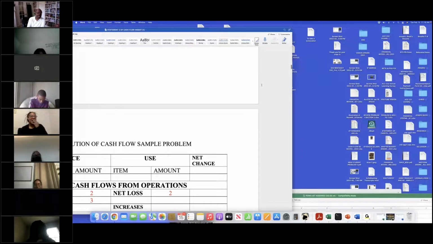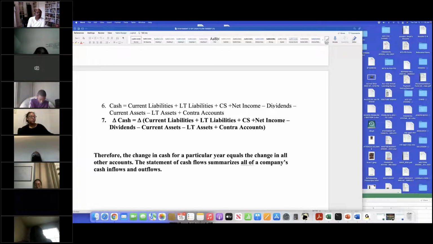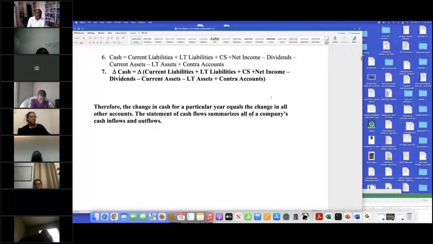You use that equation in a lot of ways. In that situation, if we know the cash, then if we need retained earnings or something, we work this equation in terms of finding retained earnings. Or if we need the net income, we work it in terms of finding the net income.